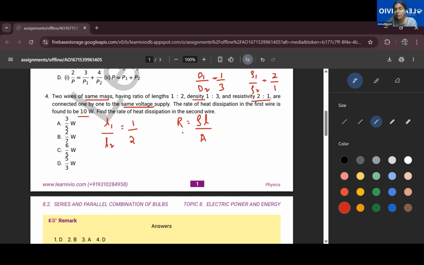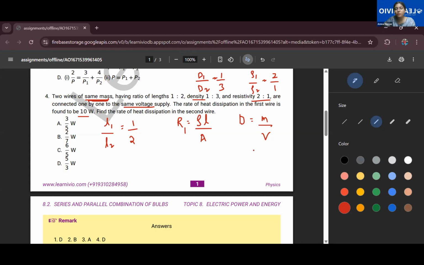Resistance will be calculated from here, class. This is R1. Density will be there, length will be there, area will be there. It says same mass. So look, the density is nothing but mass by volume, right? Density is mass by volume. So that's why same masses is given. It means density and volume are inversely proportional to each other.